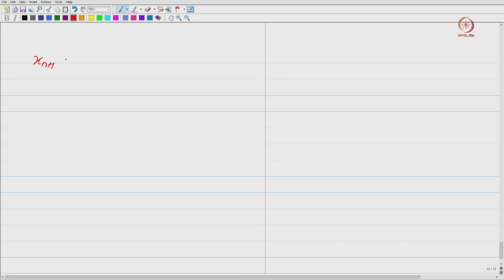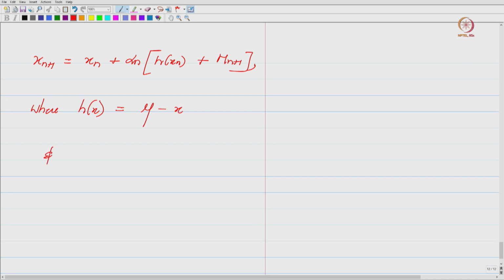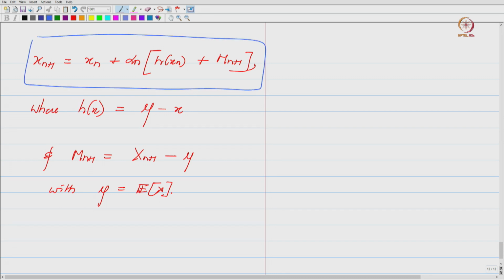Well, we can rewrite this update rule as x_{n+1} = x_n + alpha_n (h(x_n) + M_{n+1}), where h(x) = mu - x and M_{n+1} = X_{n+1} - mu, with mu equal to the expected value of X. So whatever update rule we had before can be written in this generic form, which, if you recall, matches the fundamental form of stochastic approximation that I mentioned before.